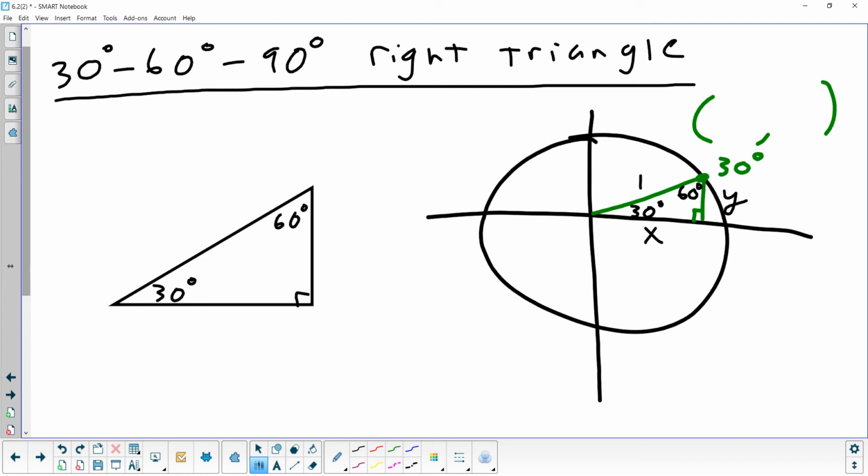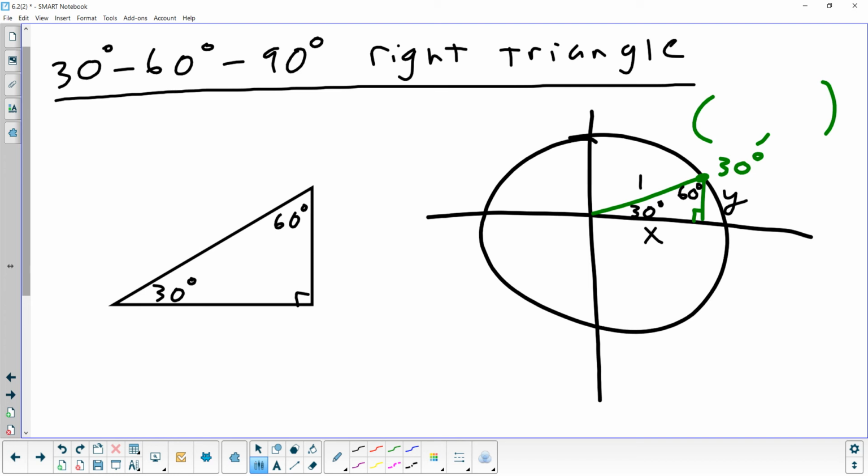Now, if you tried to use Pythagorean Theorem on that right away, what would be the problem? You'd have 2 variables. You'd have x squared plus y squared equals 1. If we're trying to solve for the sides, we can only have 1 variable in the formula.